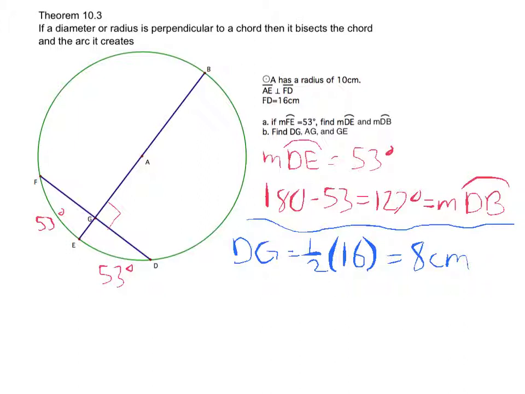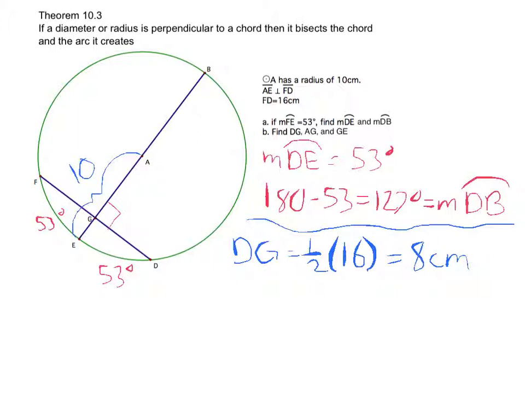Now AG and GE is a little bit trickier. Notice that AG and GE together form a radius which would be 10. So I know that this whole thing here is 10.